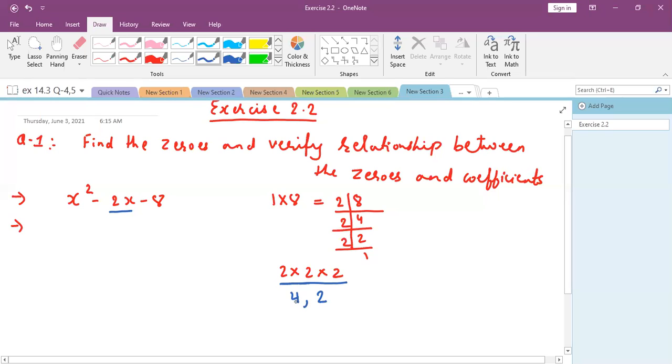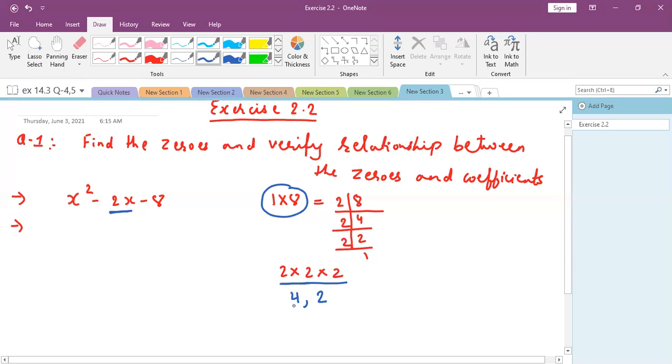Now we will check by multiplying these 2 numbers, we should get this product, that is 8 ones are 8. And by adding or subtracting, we should get the middle term. So if I multiply 4 twos are 8, definitely I will get 8, right? So that is satisfied. Now let us check either by addition or subtraction we are getting 2x or not.